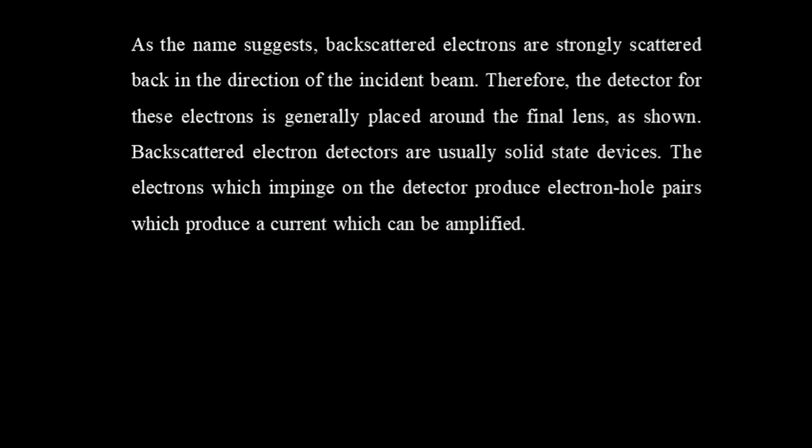So, the detector for these electrons is generally placed around the final lens. The backscattered electron detectors are usually solid state devices. The electrons which impinge on the detector produce electron-hole pairs, which produce a current which can be amplified.